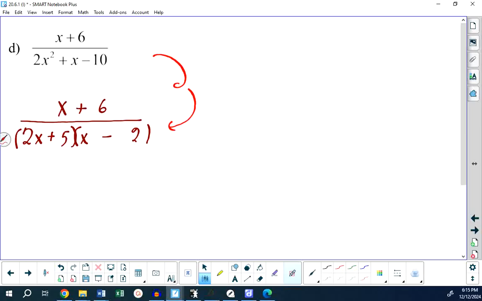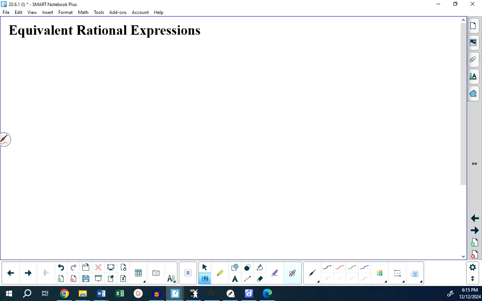Factoring is the first step, and you need to be able to factor that. Looking at the denominator, 2x plus 5 is not allowed to be 0. x minus 2 is not allowed to be 0, which leads us to x not being allowed to be negative 5 over 2, and x not being allowed to be 2.